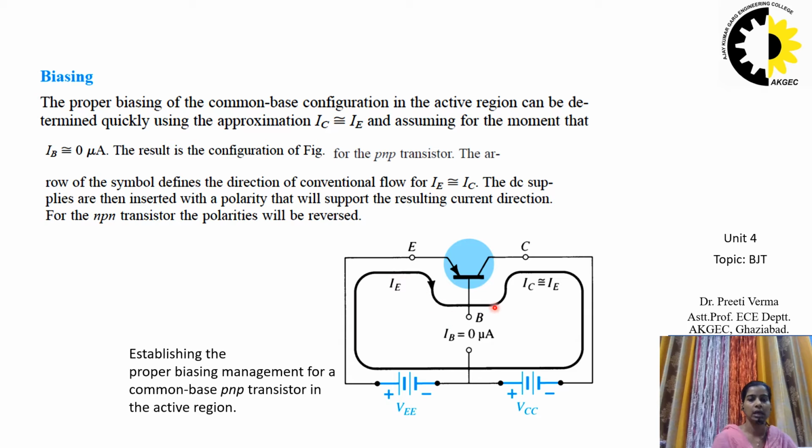From IE it will go to IC, and it will form this path from emitter to collector and then collector to emitter. This is the type of circuit in which IB is 0. So this shows the establishment of the proper biasing for a common base PNP transistor in the active mode of operation.